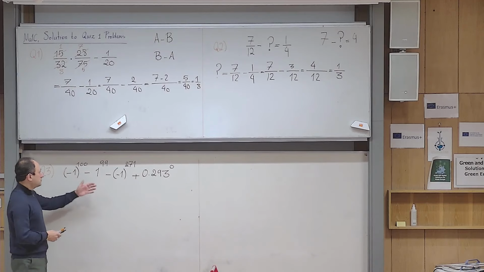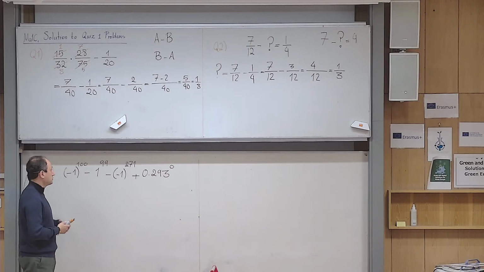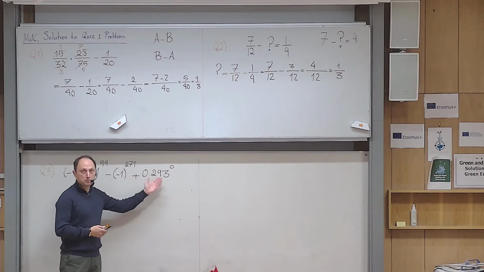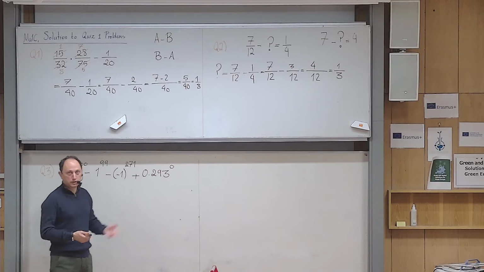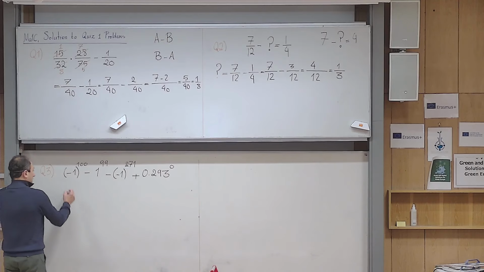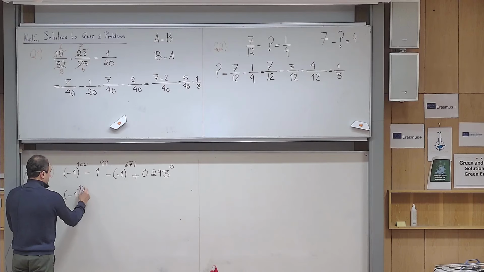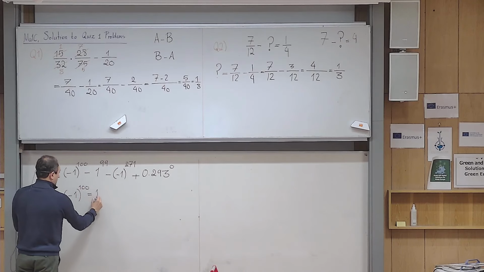So you know that this is testing your knowledge about if I raise 1 or minus 1 to an odd or even power, what happens? If I raise any number to power 0, what happens? Okay, so we know that minus 1 to power 100 becomes 1. Why?